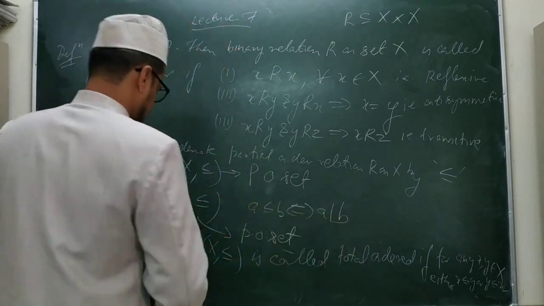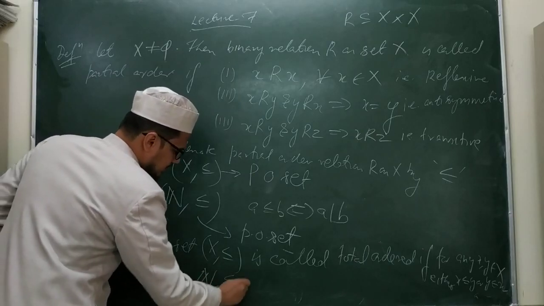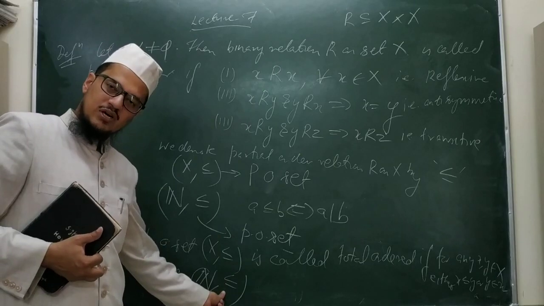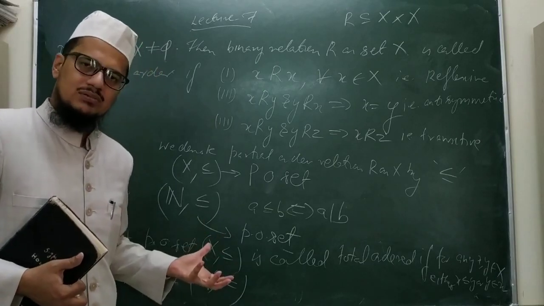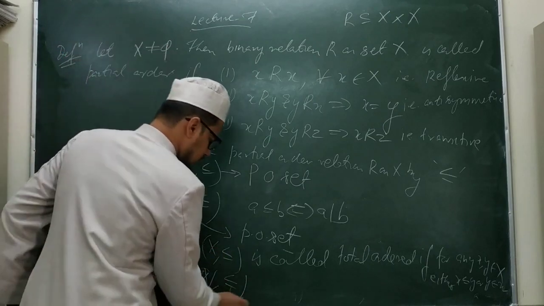Now you see the example. The example is the set of natural numbers, and this relation is just the natural order, isn't it?